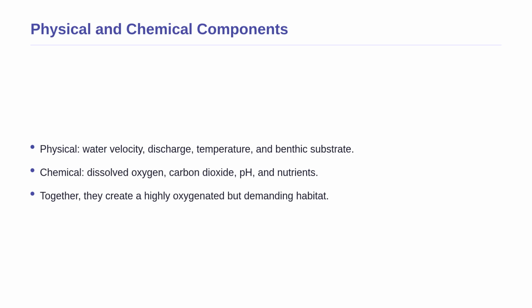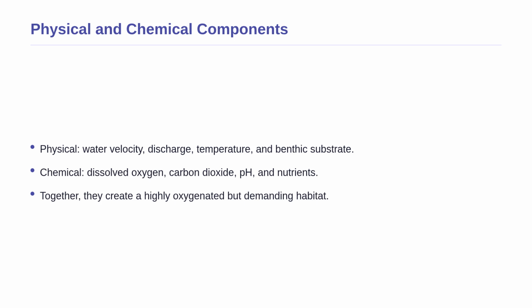Building on that idea of a dynamic habitat, let us break down exactly what we mean by physical and chemical components. The physical side includes the water's velocity, the total discharge, the temperature, light penetration, and the benthic substrate, which is just the physical material on the stream bed, like rocks or sand.